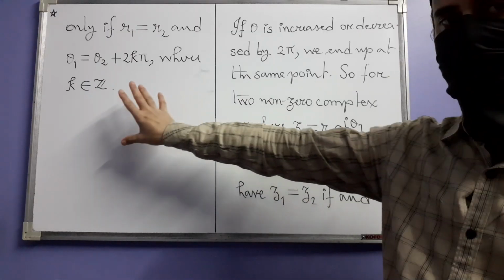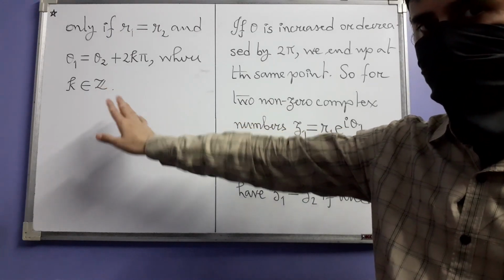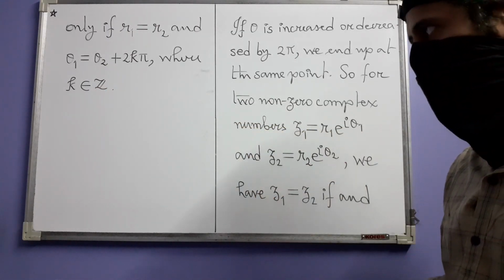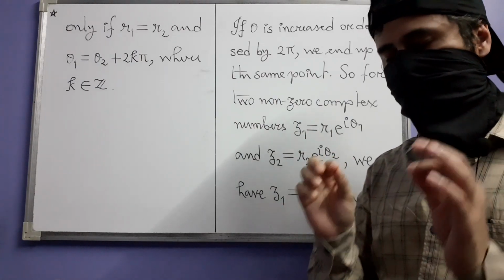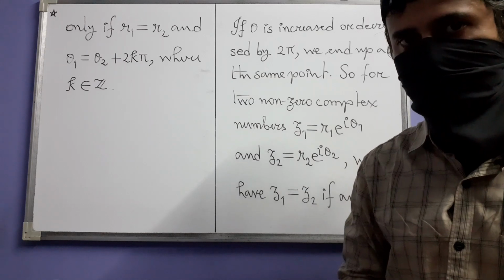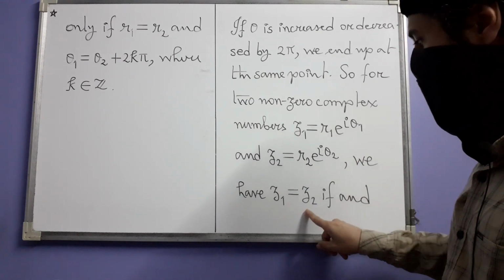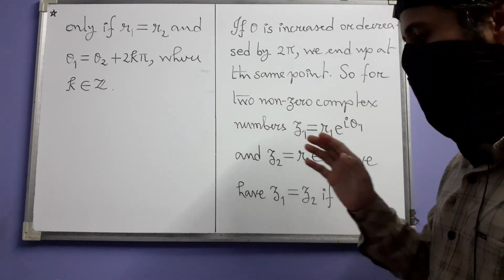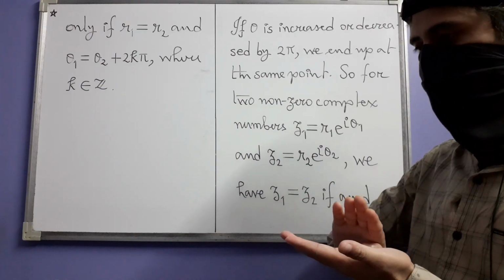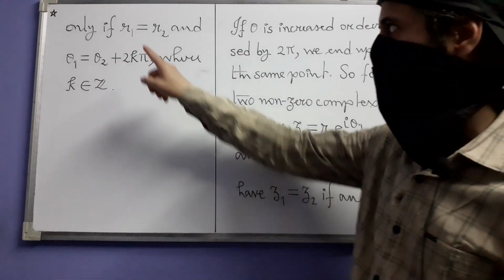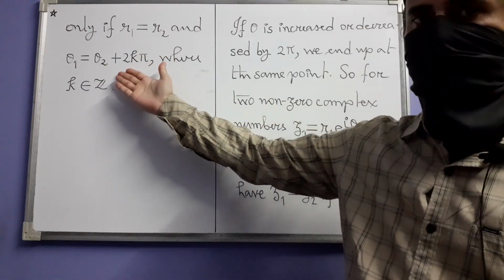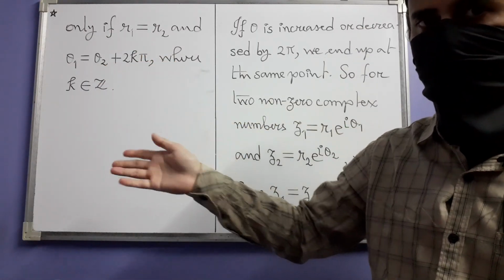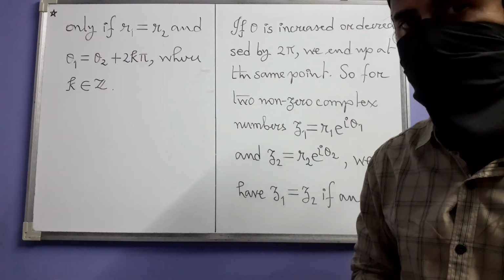And the figure that you saw just now, which you don't see anymore, makes it clear why we have this. Two such complex numbers are represented by points in the complex plane. So if they have to be equal, they should be first of all at the same distance from the origin. That's why we have these two. And why the arguments are related like this becomes clear from the way we saw the rotation.